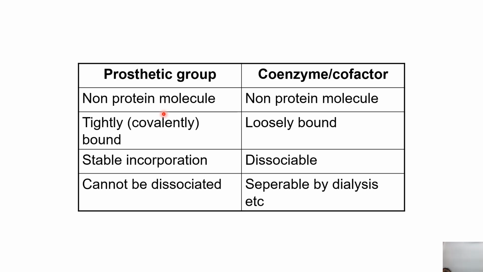If we add a prosthetic group, that is a non-protein molecule. Coenzymes and cofactors are also non-protein molecules. A prosthetic group is very tightly, covalently bound, whereas coenzymes and cofactors are loosely bound. A prosthetic group is a stable incorporation and cannot be dissociated, while coenzymes and cofactors are dissociable and can be separated by dialysis.